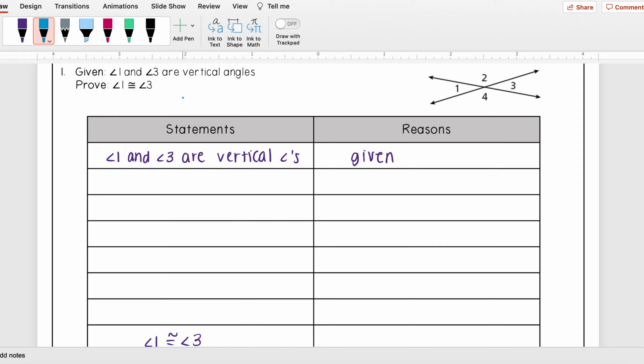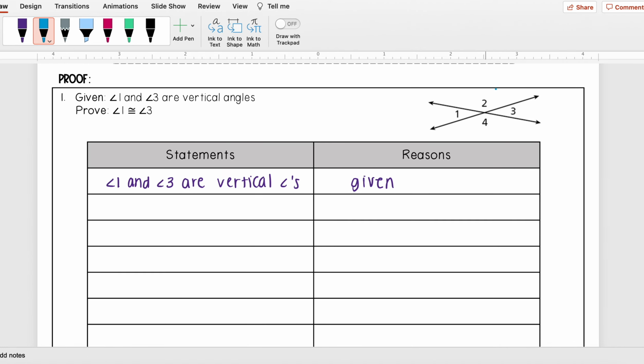So let's look at our diagram here and think about what we already know. Well, in our previous video, we were talking about linear pairs. So let's see which angles form linear pairs. Well, I see that angle 1 and angle 2 form a linear pair, because remember, linear pairs are ones that form a line.